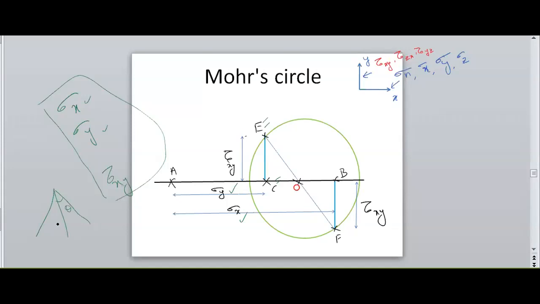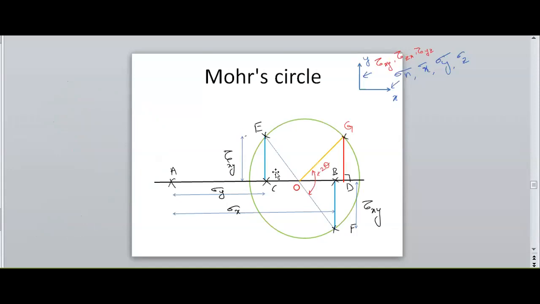So I need to represent the theta also in my Mohr circle to find the normal stress on the oblique plane. So here, how to draw an oblique plane, that is angle. Here I need to consider 2 theta.